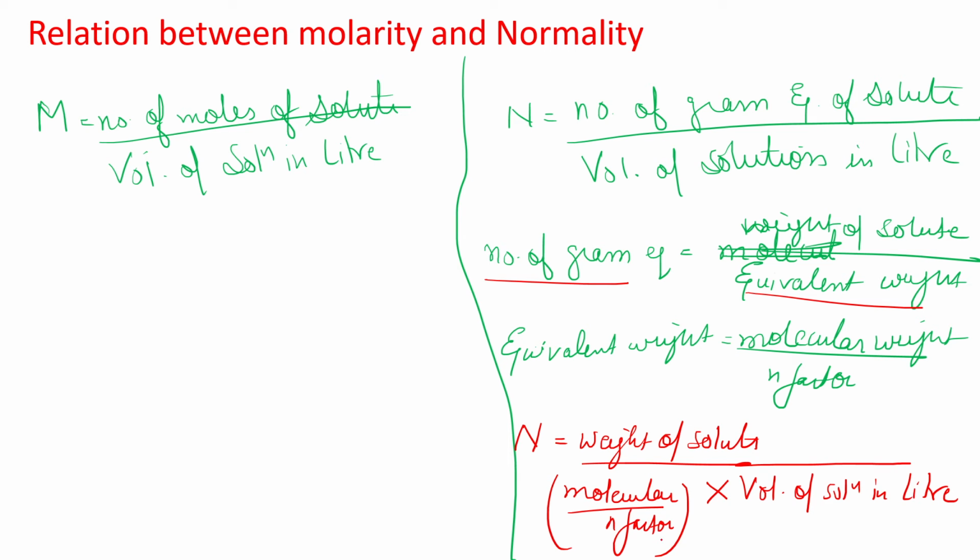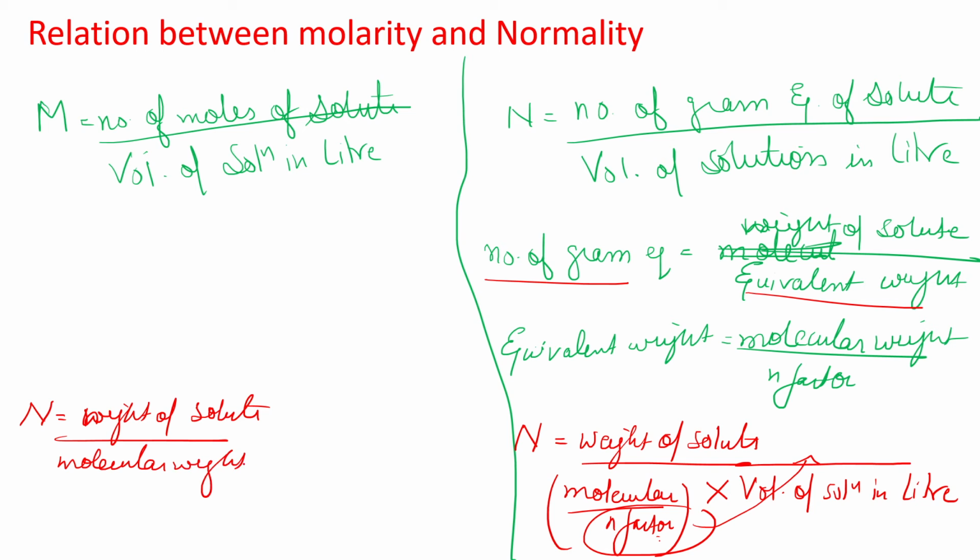If you take this n factor in the numerator, then you will get normality is equal to weight of solute by molecular weight into n factor, divided by volume of solution in liter.